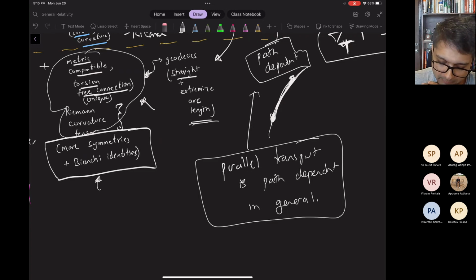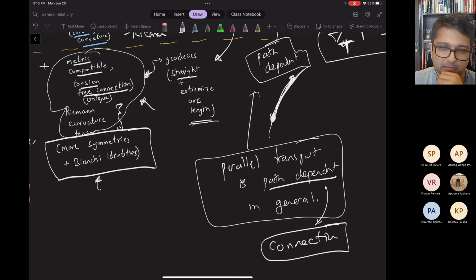It depends on the path, and it also depends on this additional structure, which is the connection that you choose on your manifold, which is not originally associated with the manifold. It's something additional that you have to supply to the manifold. Once you have a metric, there's a unique supply of a particular metric compatible connection called the Christoffel symbol.